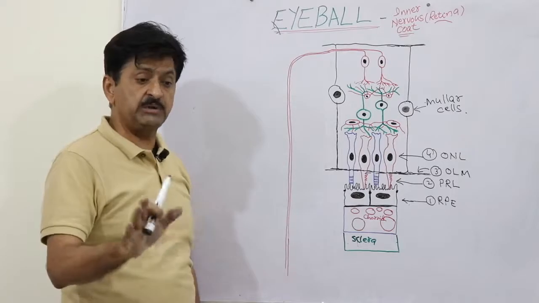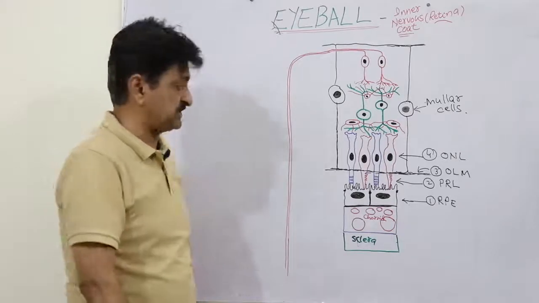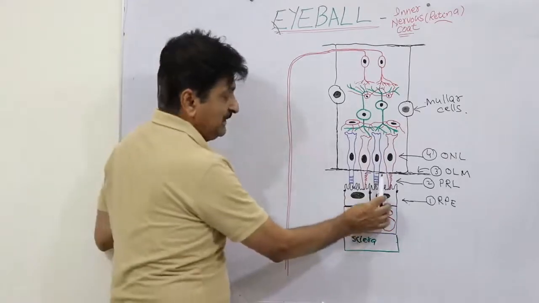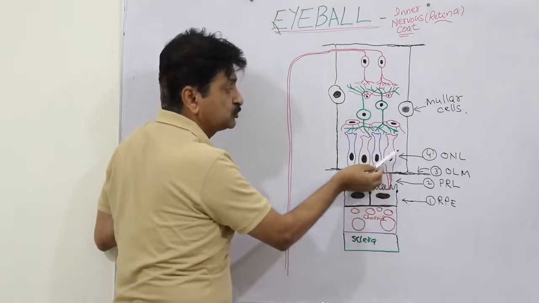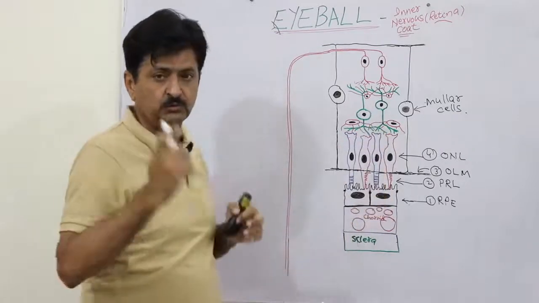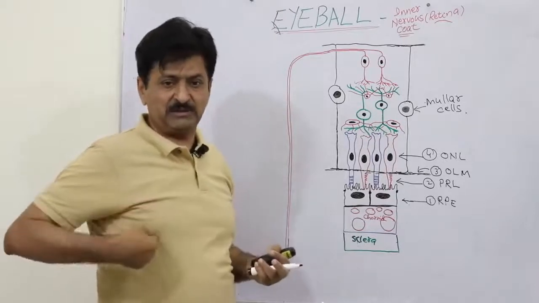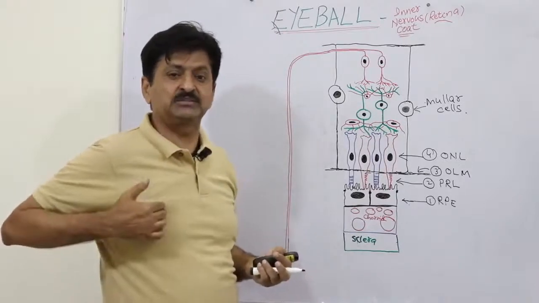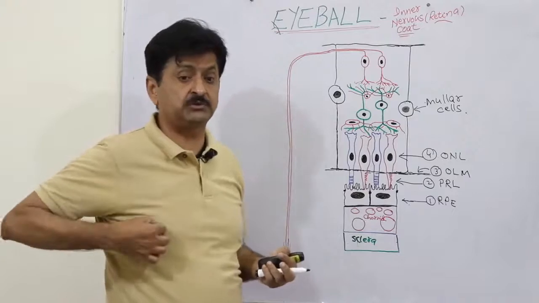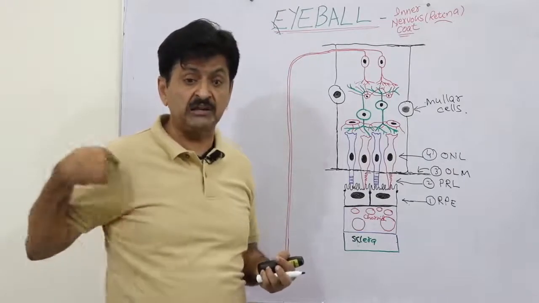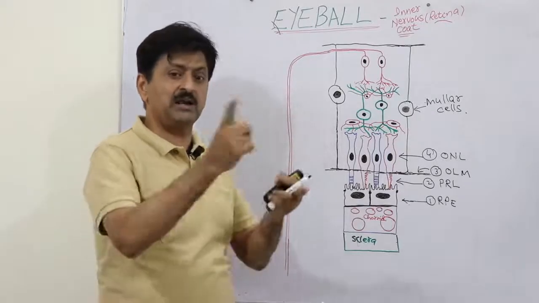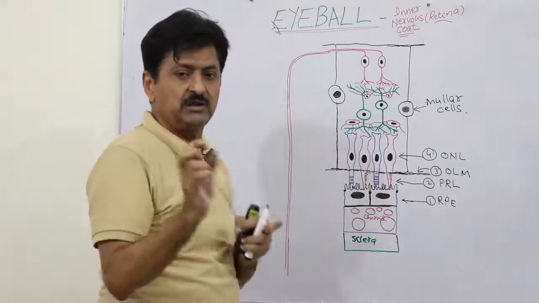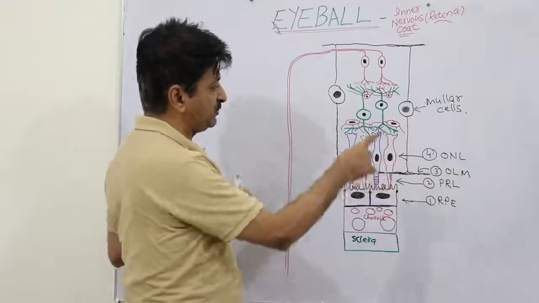Means the transduction will take place here, and this transduction of these impulses will be handed over by the rods and cones to the next order of neuron, the first order neuron. Receptors hand over their signals to the first order neuron, the peripheral axons of the first order neuron, whose cell body is lying in the dorsal root ganglia or the sensory root ganglia. Same here, their homologous structure will be lying here.